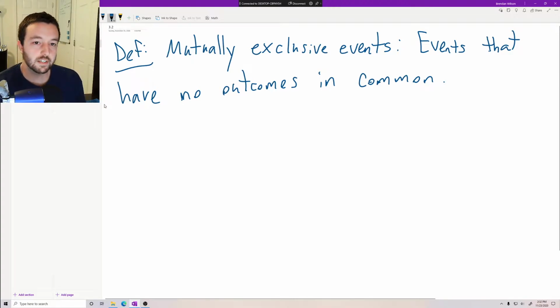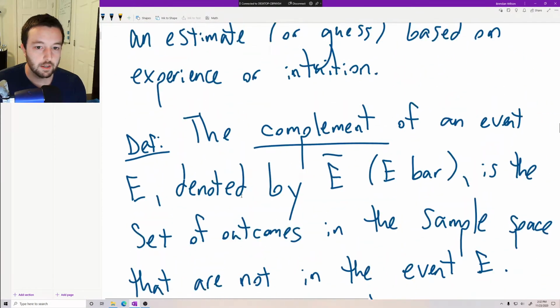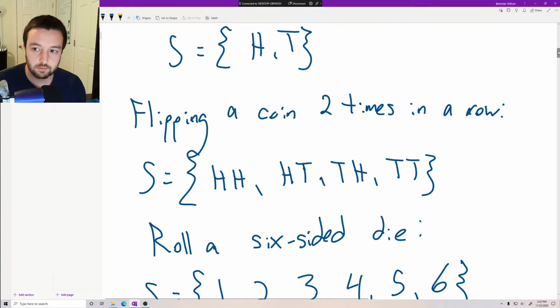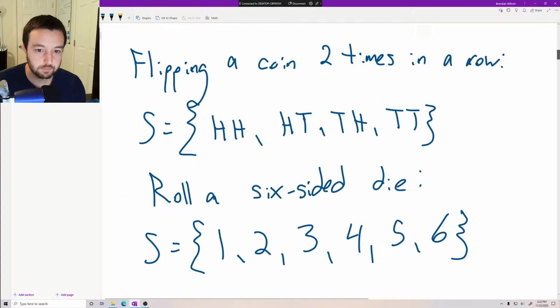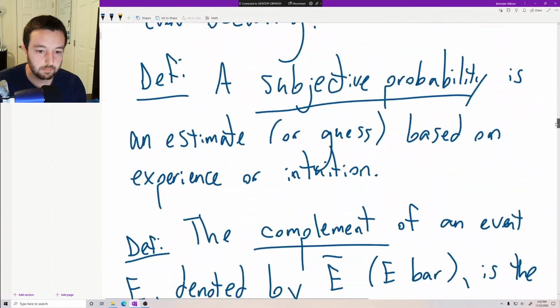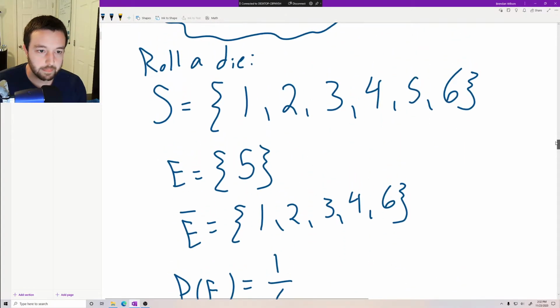So just to remind you, events are a subset of the sample space. So if we have a sample space, like let's take one of our sample spaces back from all the way in the beginning of this chapter, 3.1 here. Like right here, for example.